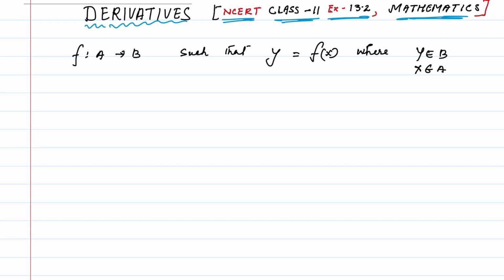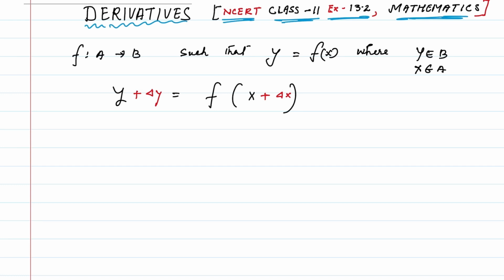Then for a very small increment in x, suppose del x, let del x be a very small increment, so the increment in y is suppose del y.